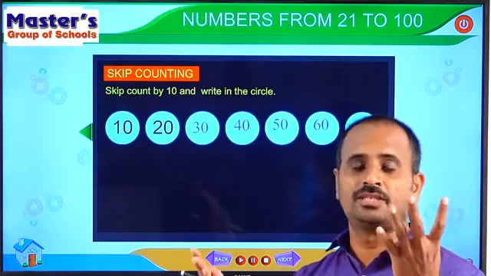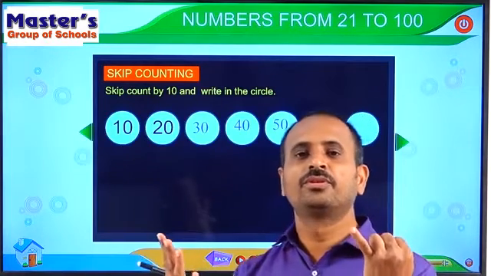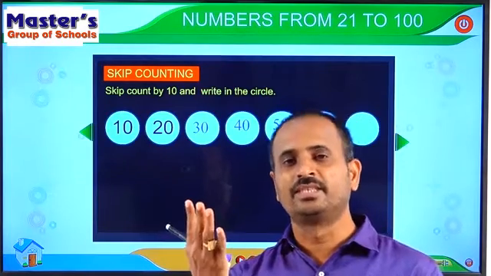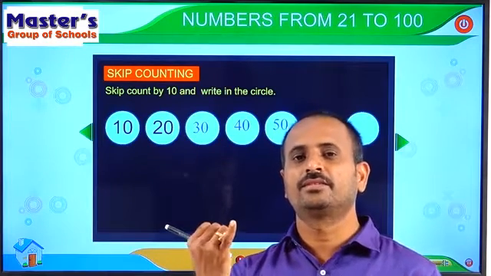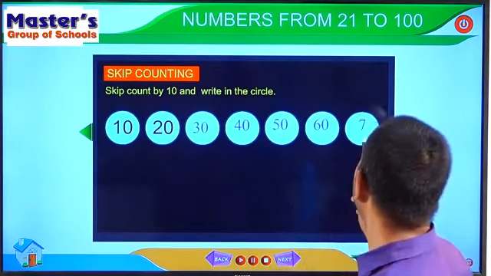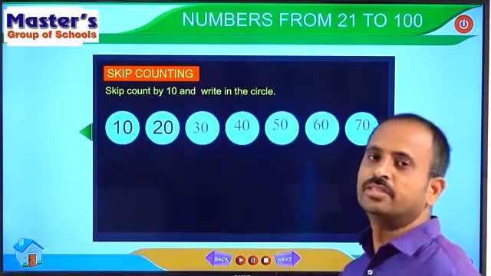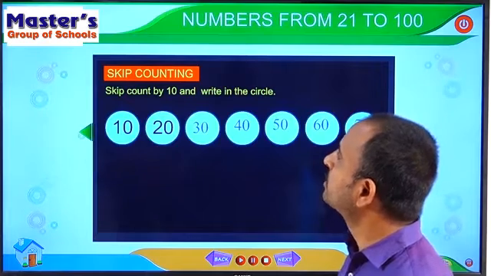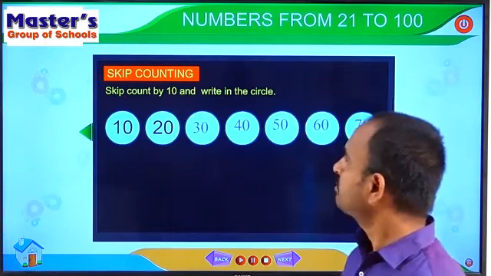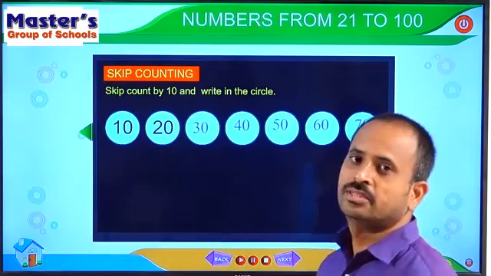After 60, 61, 62, 63, 64, 65, 66, 67, 68, 69, 70. So write 70 in this circle. Children, in this way we can continue this addition. By adding 10 to each number, this is called skip counting. So let us practice problems on this skip counting.